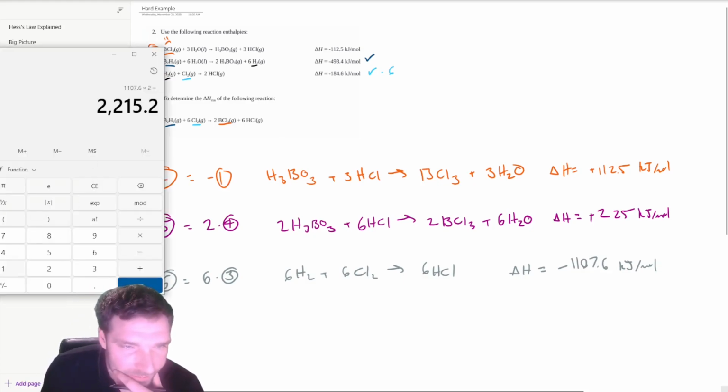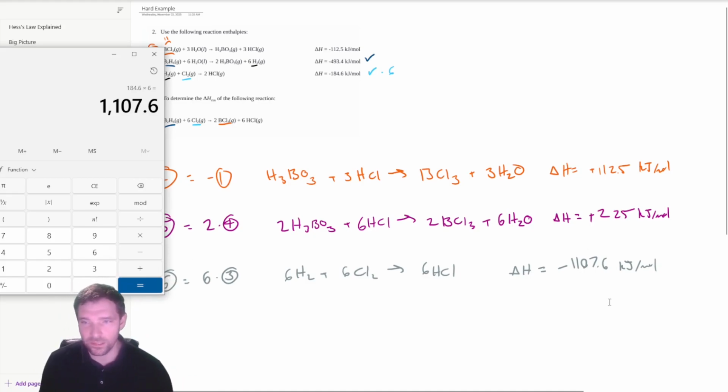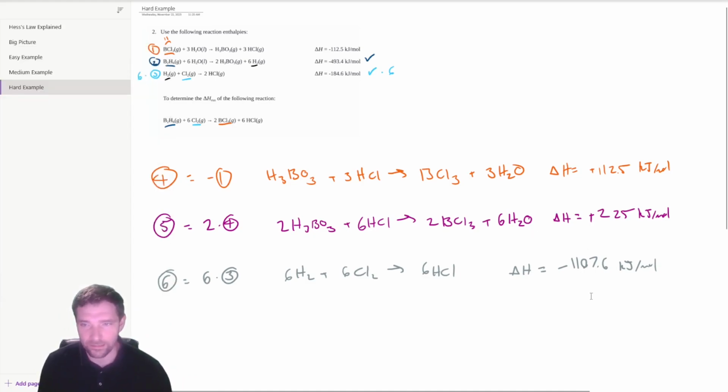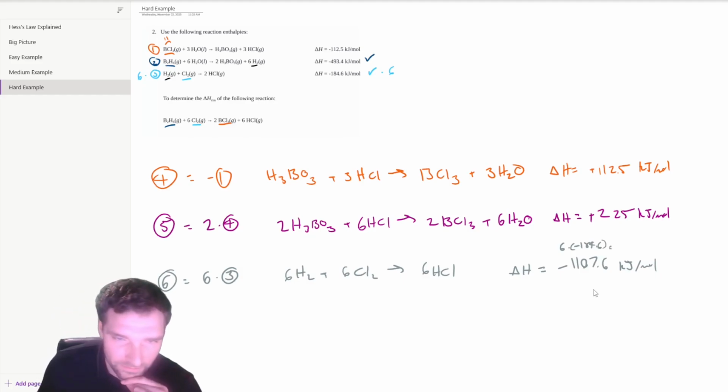We could prove that by doing the 184.6 times that by 6. All right, making sure that's still a negative. Yeah, that looks good. So I could even write out 6 times the negative 184.6 just to make sure that that really is plugged in correctly.